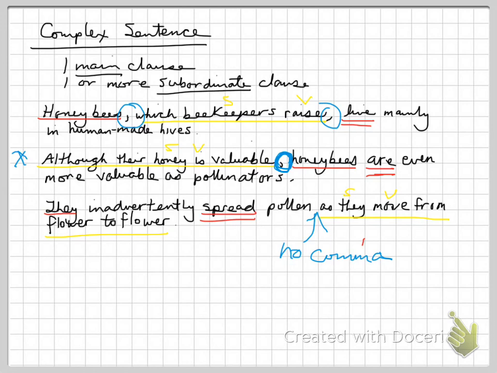Here's another one. Even though I would rather go to the beach, I went to the library to study. The dependent clause is even though I would rather go to the beach. It's at the beginning of the sentence, so I must have a comma. Even though I would rather go to the beach, comma, I went to the library to study. Here's another one.